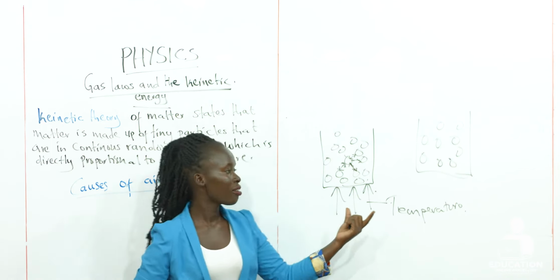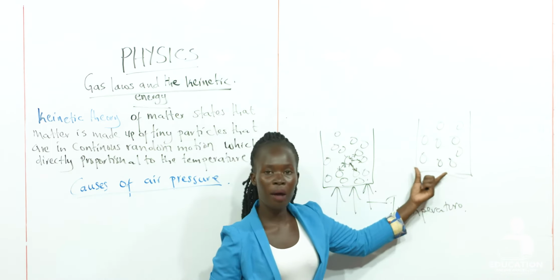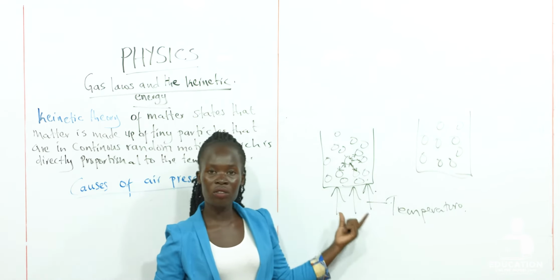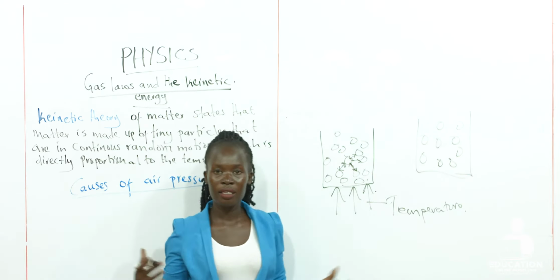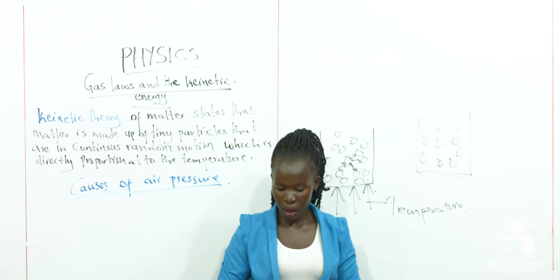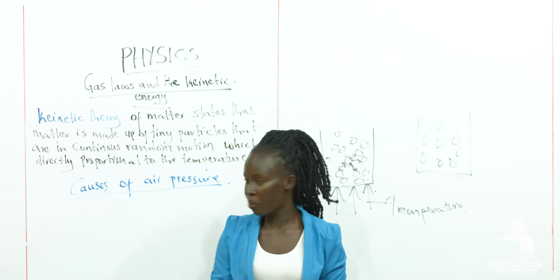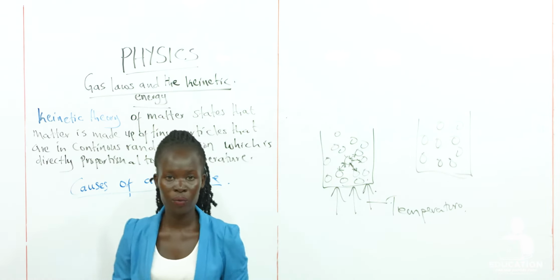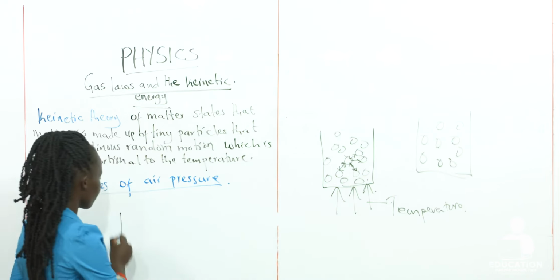So that is how you maintain the pressure of the gas constant when you're explaining the Charles law using the kinetic theory of matter. So we also have the pressure law.